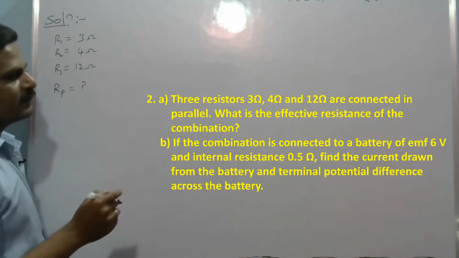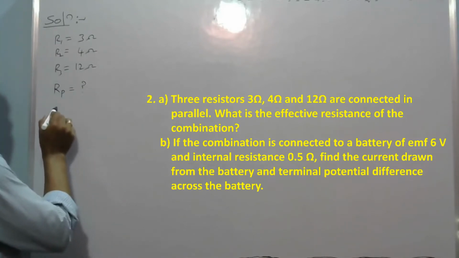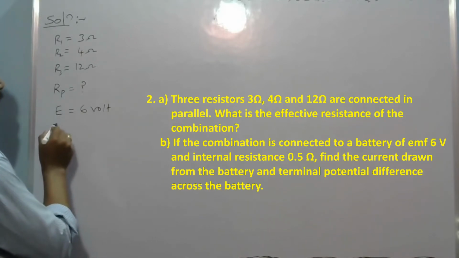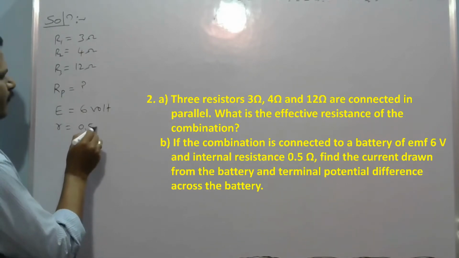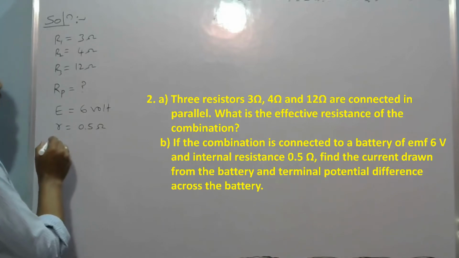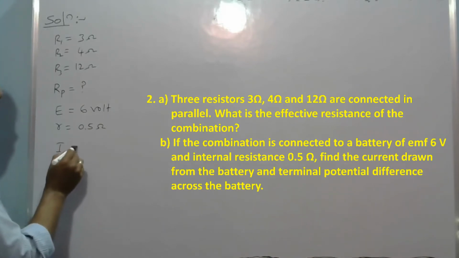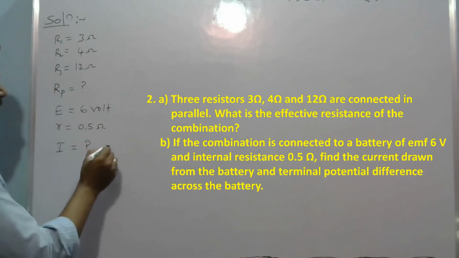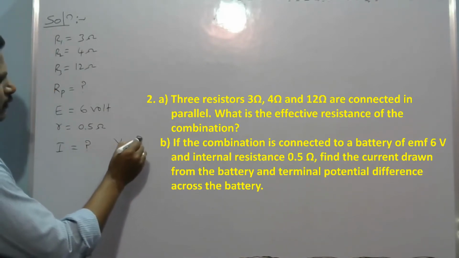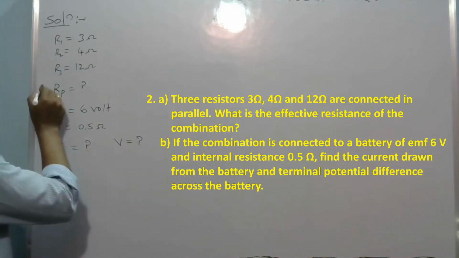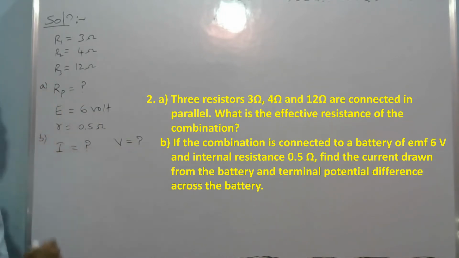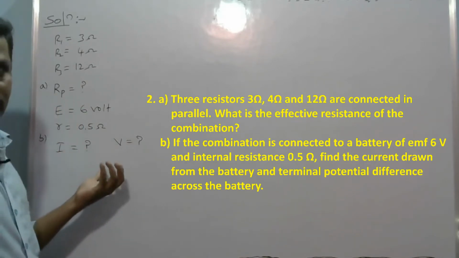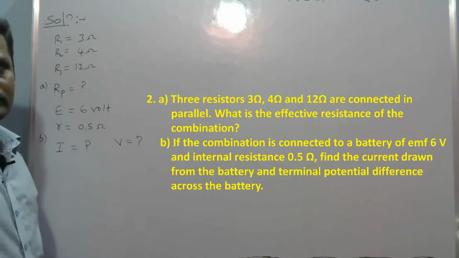Whenever this combination is connected to an EMF of 6 volt and internal resistance 0.5 ohm, we need to find out the current drawn by the circuit as well as the terminal potential difference. These are the things we need to find out in A and B.